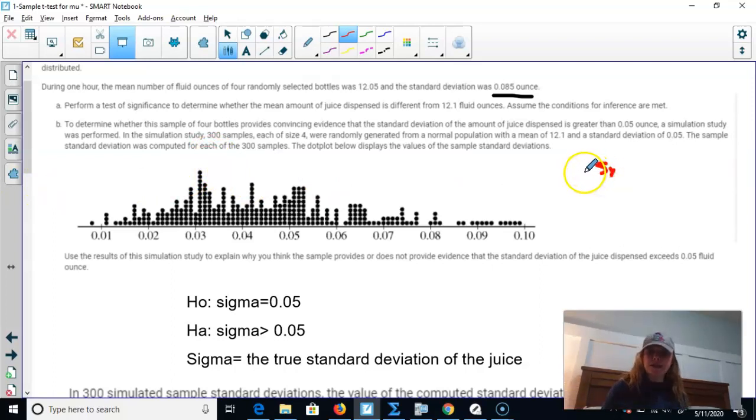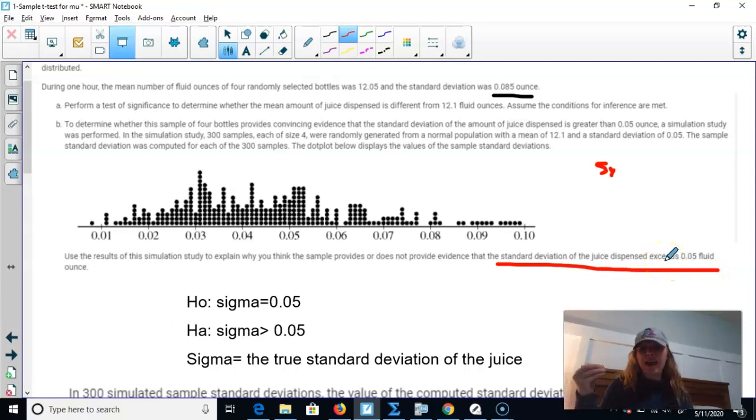Use the results of this simulation study to explain why you think the sample provides or does not provide evidence that the standard deviation of the juice dispensed exceeds 0.05 fluid ounces. Let's dissect this. We want evidence or no evidence that the standard deviation of the juice dispensed exceeds 0.05.